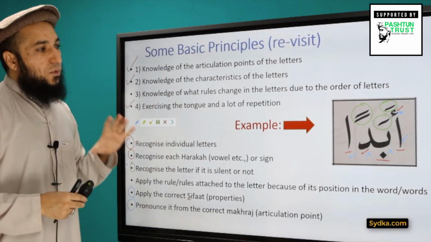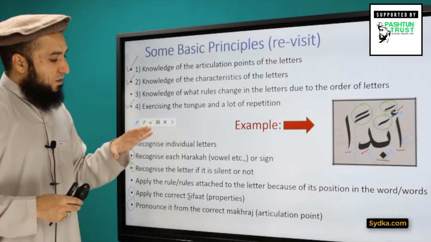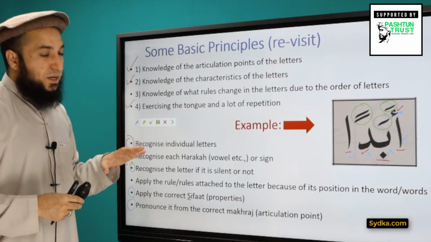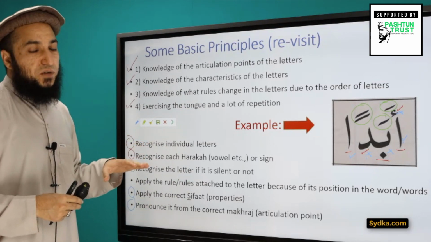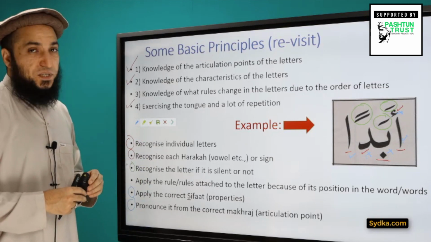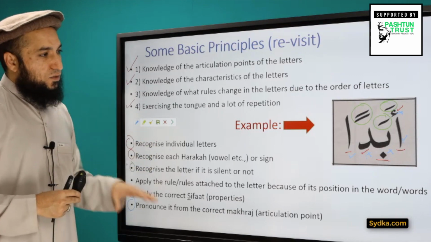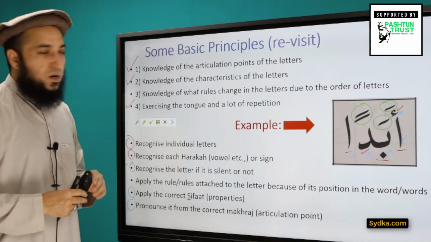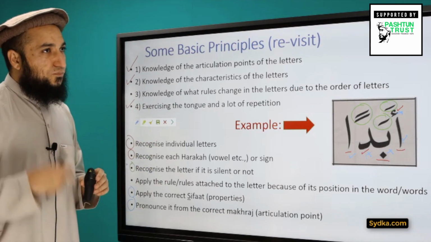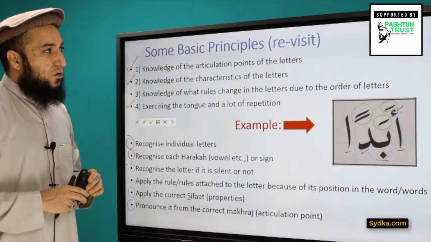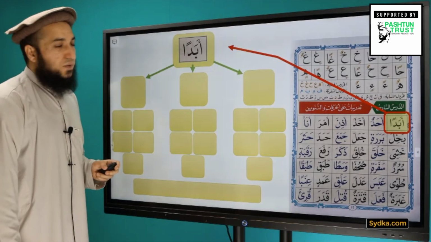If we manage to implement these steps correctly, then our reading and recitation will be very easy. These are not fixed rules, you can add or subtract from them. These are just general guidelines for recitation or reading Arabic.